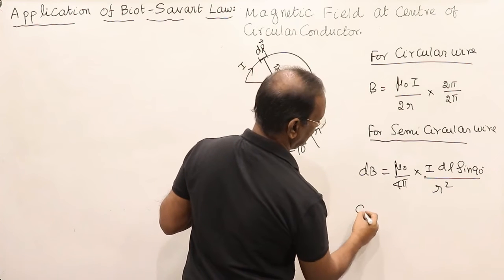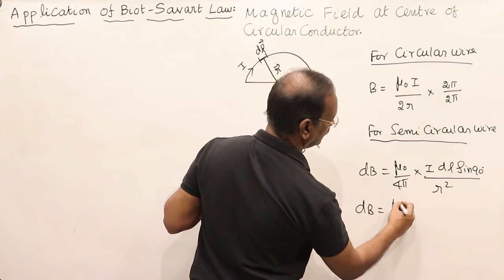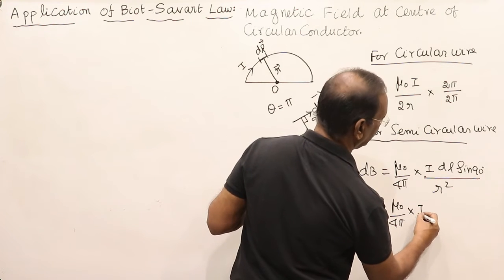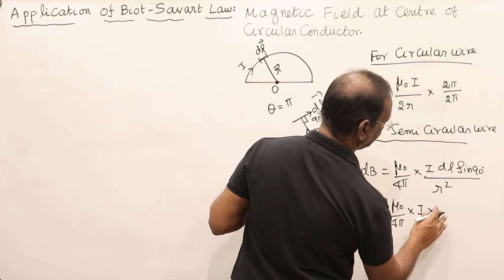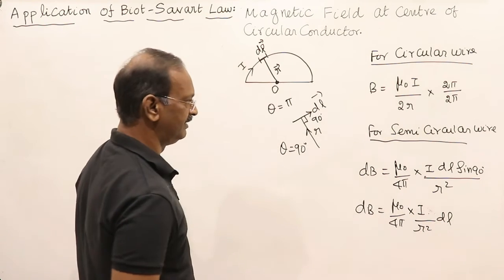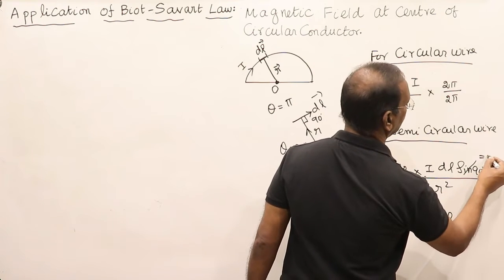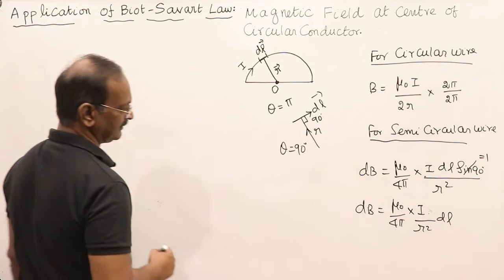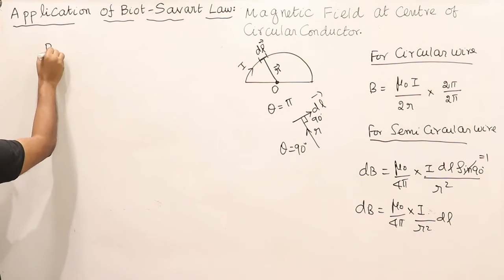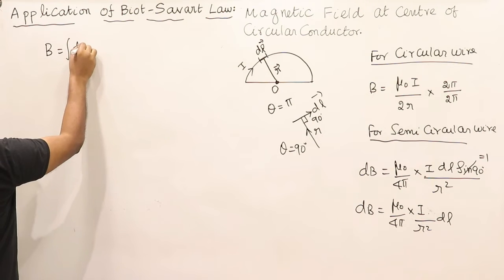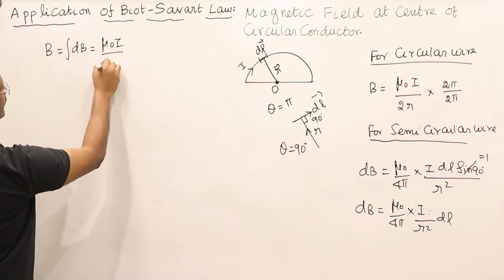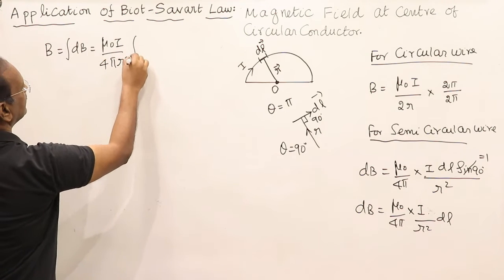This r square or dB we can write, we will take everything out, mu naught by 4 pi into I into 1 by r square into dl because sin 90 is equal to 1 here in this case for semicircular. Now what is B? B is equal to integral of dB is equal to mu naught I by 4 pi r square into integral of dl.